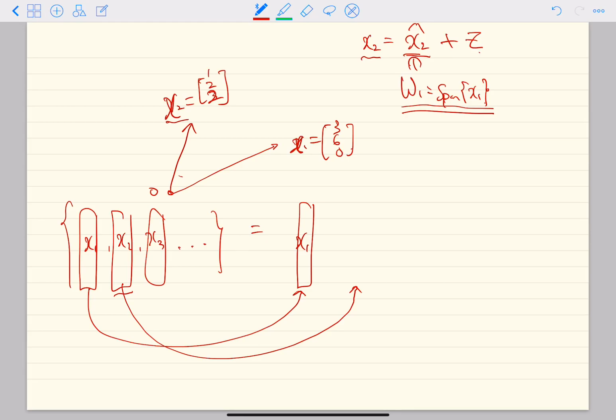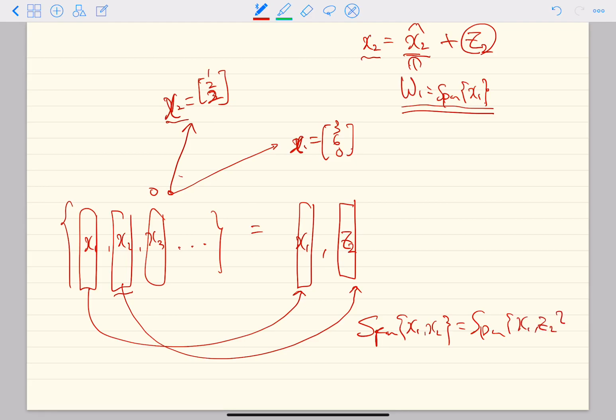Okay, and then we just add z over here instead of x2. So let's consider the span of these two vectors and check whether the span of x1 and x2 is the same as the span of x1 and z2. Will it be the same?